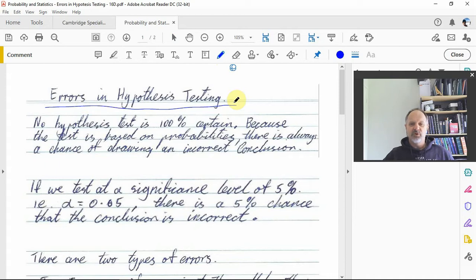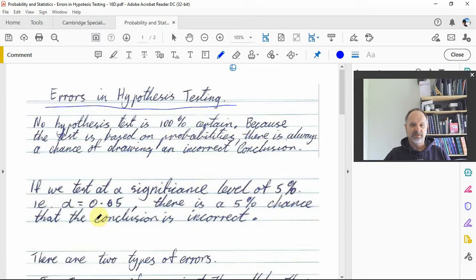So whenever you come up with a hypothesis, you can't be 100% certain even when you test it, because what we're doing here is based on probabilities, and so there's always some sort of chance that the conclusion you draw is incorrect.